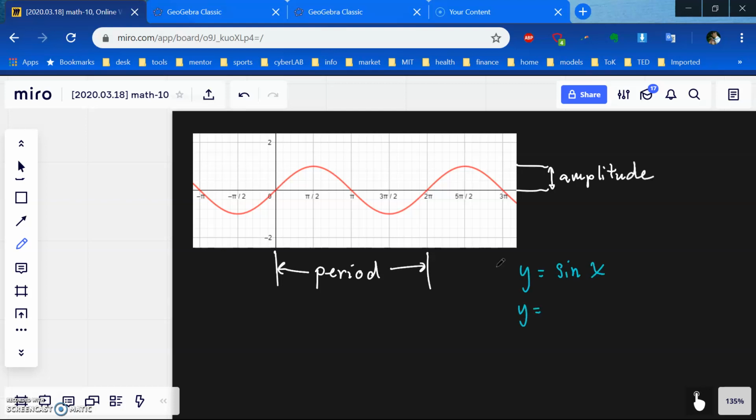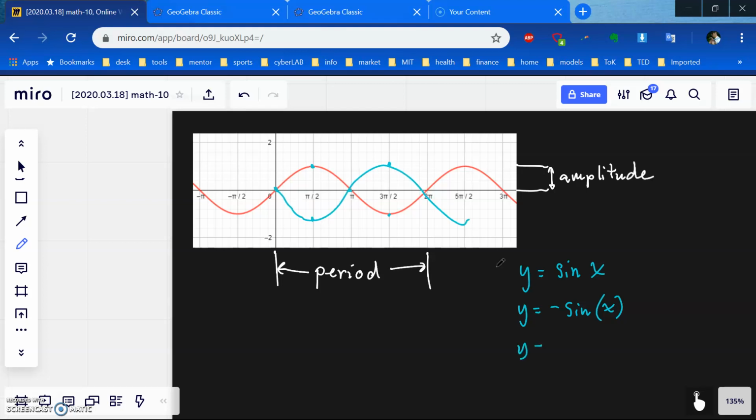What if I said y equals minus the sine of x? What would that look like? Well, if I take this point here, minus that would be down here. If I took this point here, it would still be 0. If I took this point, it would still be 0. If I took this point here, it would be up here. So it would kind of flip it over, right? It would look like this, and so on.